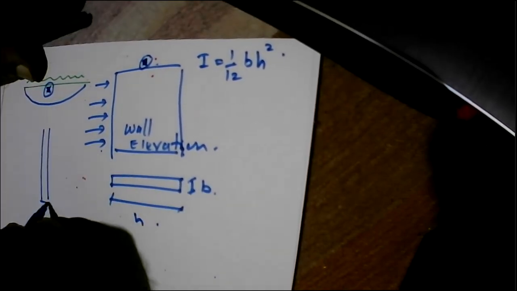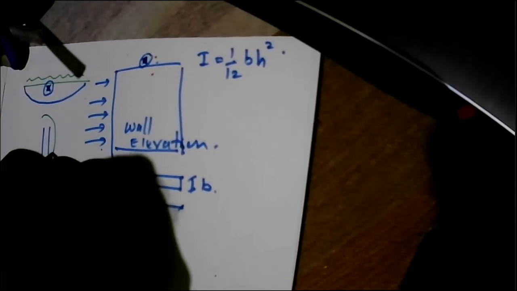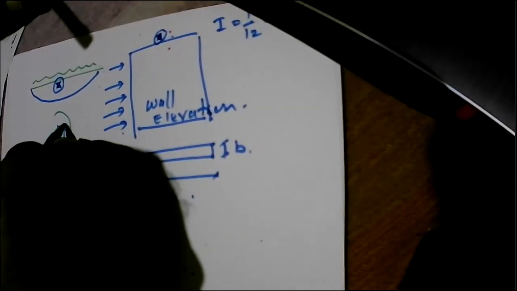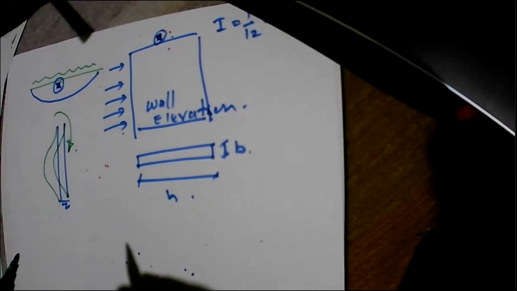But how about, if you look at this from the elevation, it will look like this. How about out of plane effects? A moment like that, yeah, it's not good. It can buckle easily because it's a very thin member.